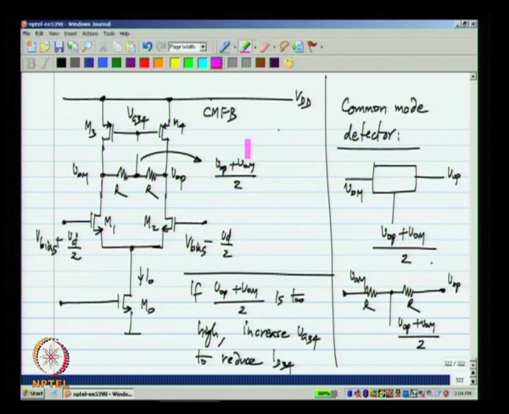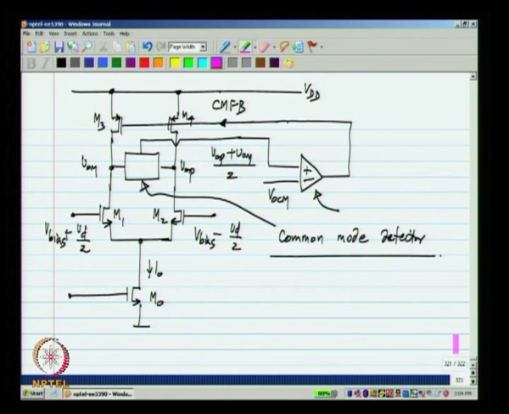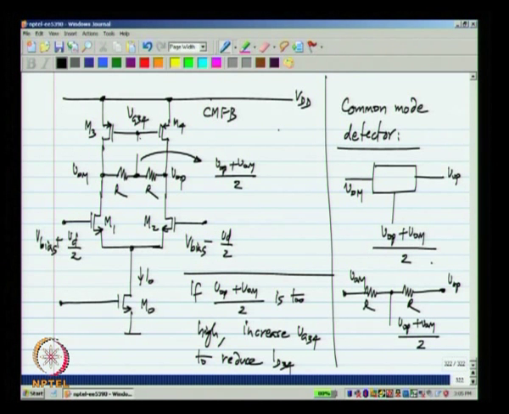Similarly, the incremental gain required from this point to that point is positive. So, as you can see here, if the detected common mode voltage is too high, the common mode feedback also must be high. Similarly, if this is too low, the common mode feedback also must be low. And the simplest way to arrange that is to connect the two together.